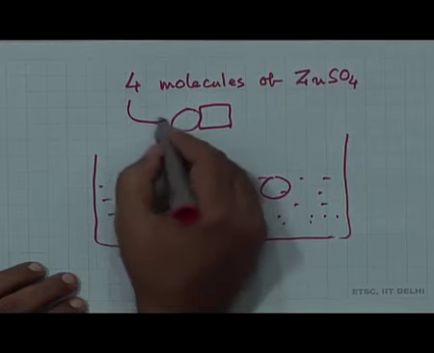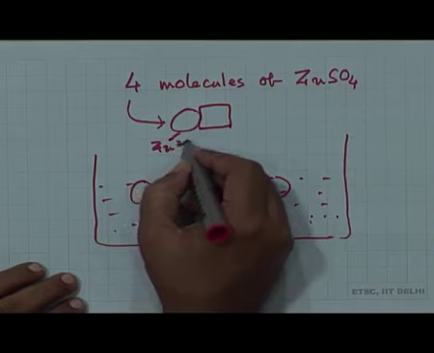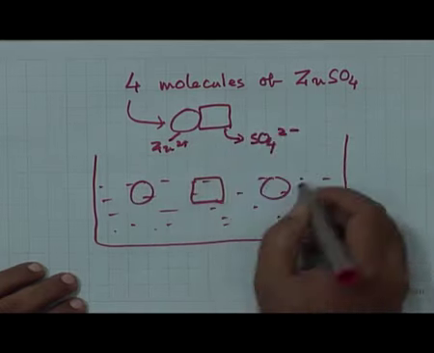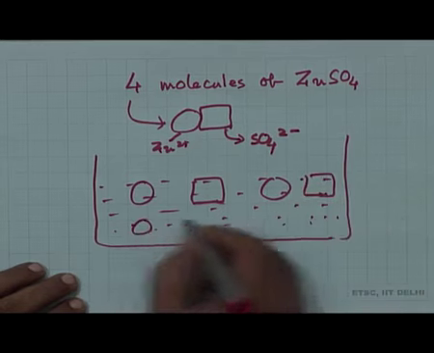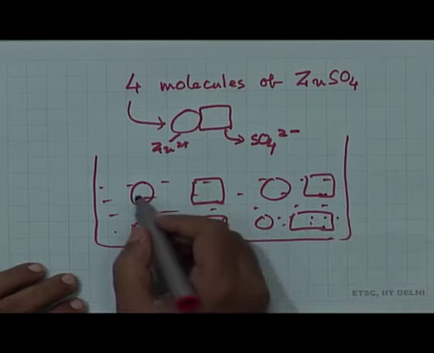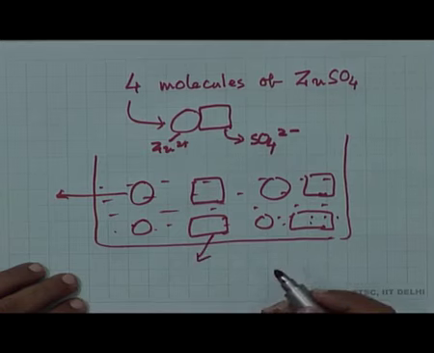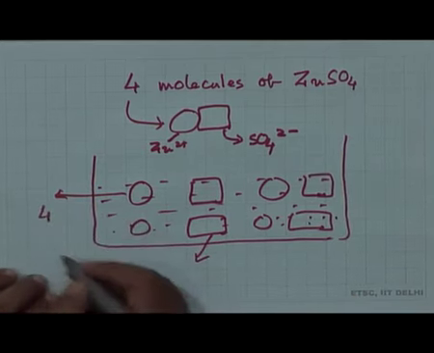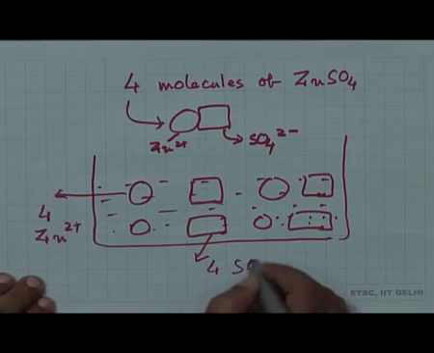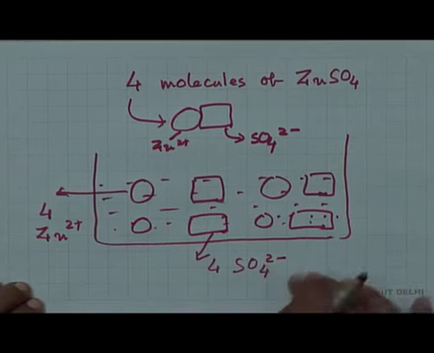So, this is 4 molecules of zinc sulphate, zinc 2 plus and sulphate 2 minus. You will get 4 zinc 2 plus and 4 sulphate ions. So, this is an example of a strong electrolyte.